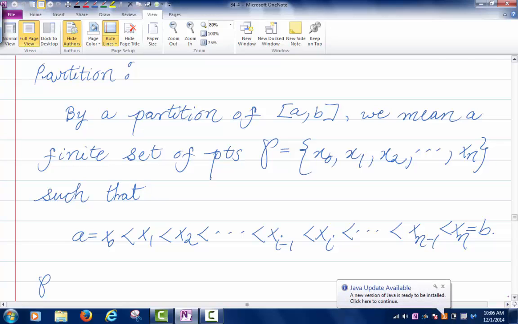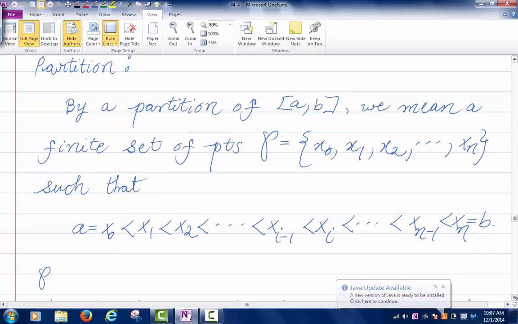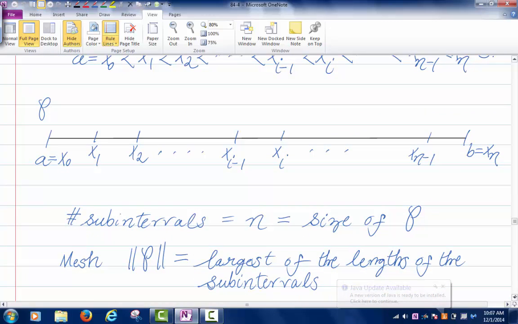And when you take a partition of an interval, it divides the interval into subintervals. Because we are picking n plus 1 partition points, it divides the interval into n subintervals, okay?